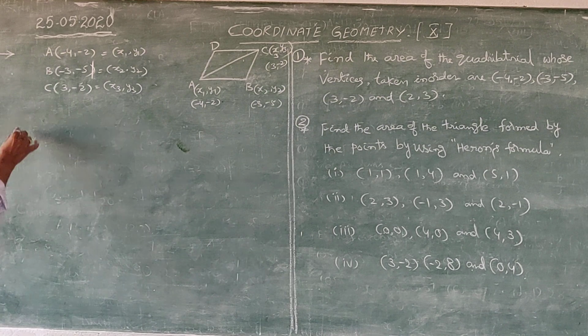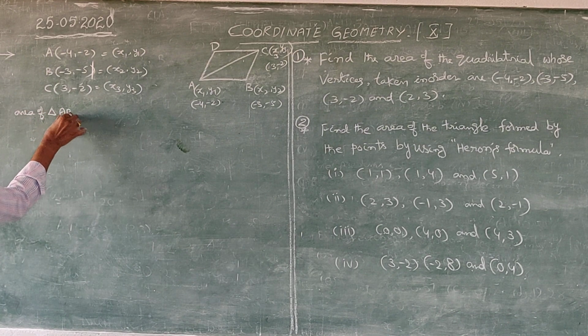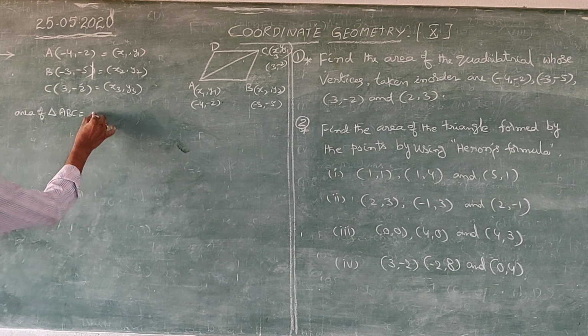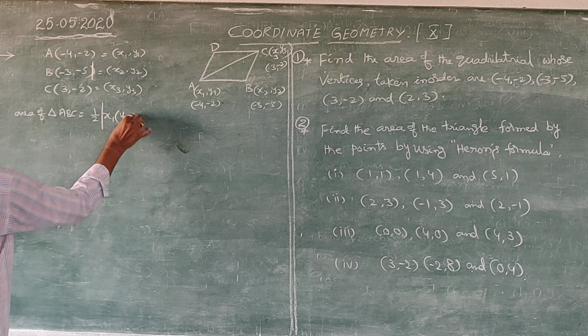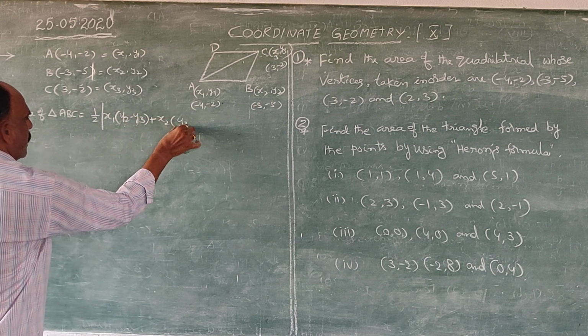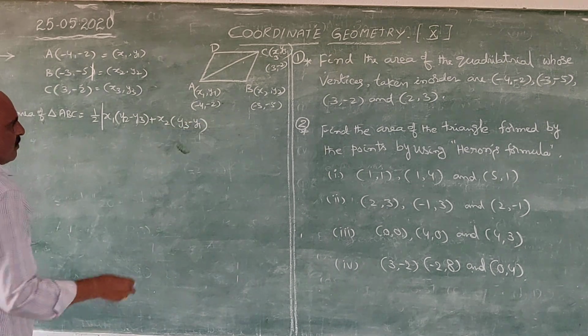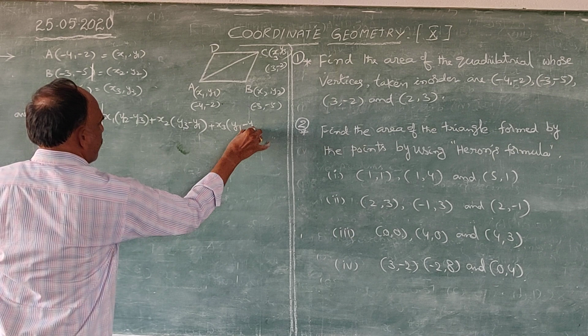So the area of triangle ABC, using the formula, is half modulus of x1 into (y2 minus y3) plus x2 into (y3 minus y1) plus x3 into (y1 minus y2).